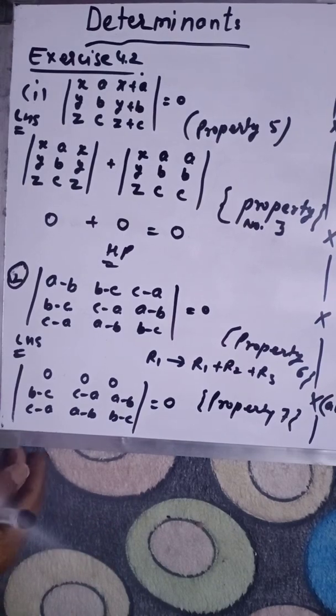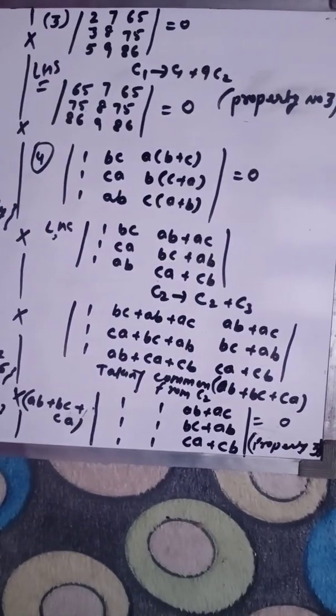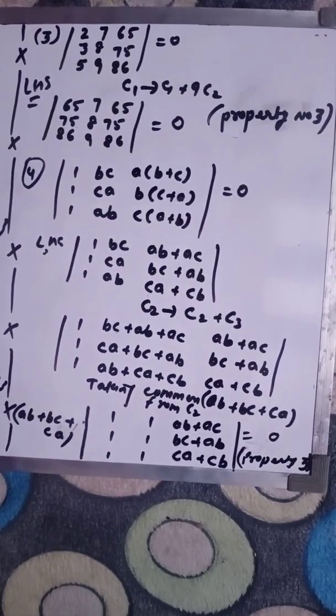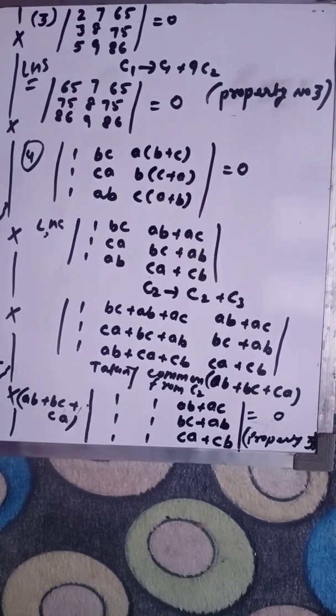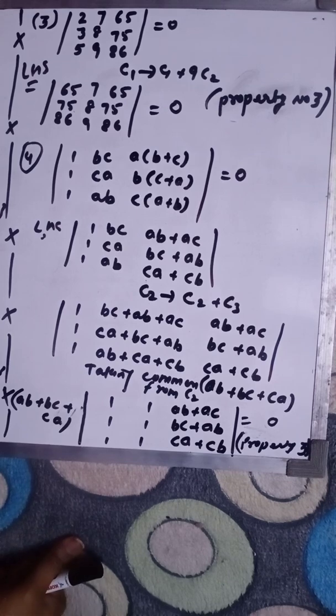Now the next question is question number 3. Wait, I'm just getting the next page. Here it is. This is your question, and again you have to prove that it is equal to 0.